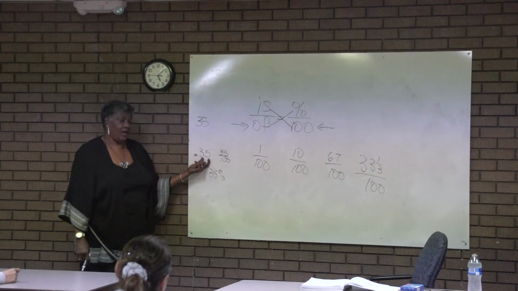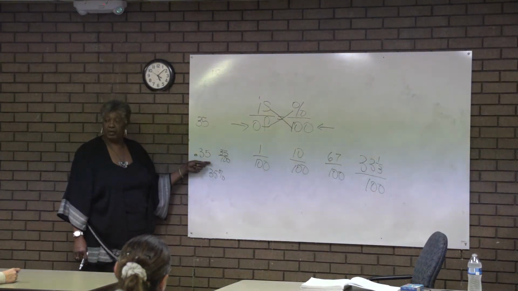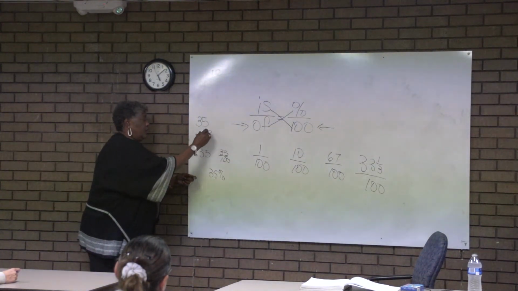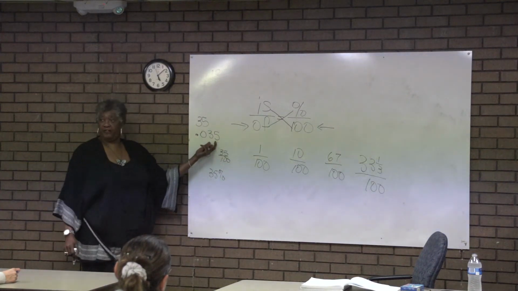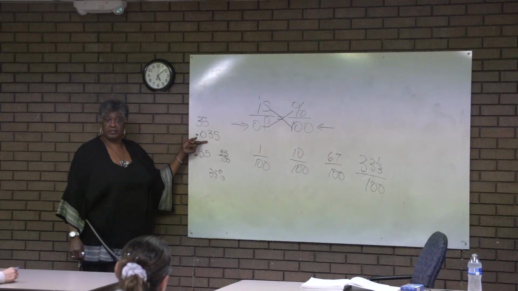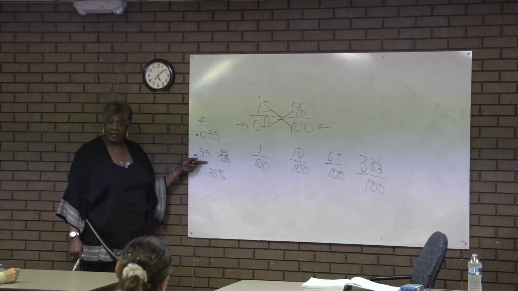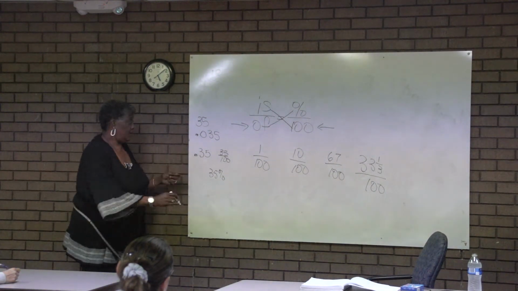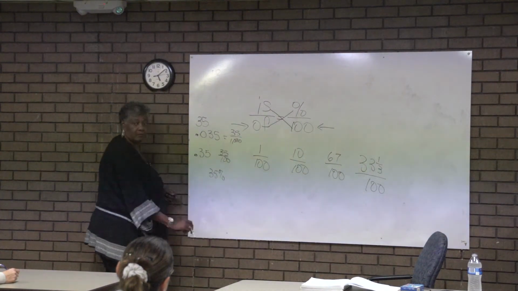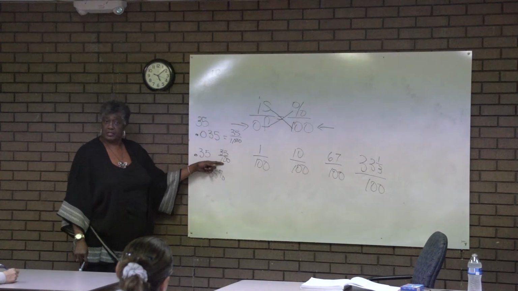So this is 35, and we know it's, as you said, hundredths, because hundredths are 2 numbers past the decimal. That's still 35, but now it's 35 what? Thousandths, you see. So when you have a decimal to change to a fraction, you read it and you write what you said. You said 35 thousandths. This is 35 thousandths. 35 hundredths. This is 35 hundredths.